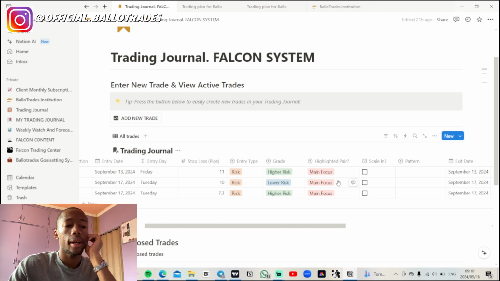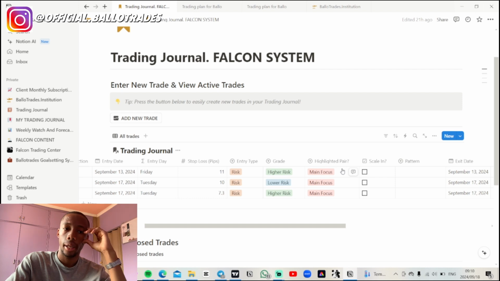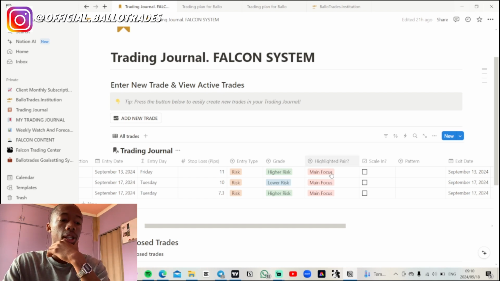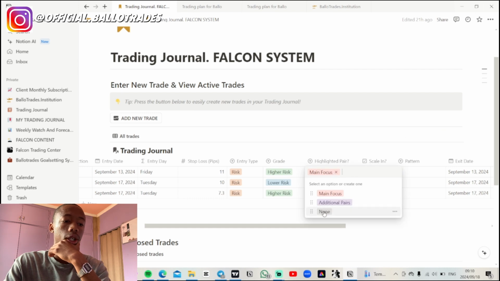The reason I say main focus is because each day I pick my top 5 of the day. This was part of my top pairs to watch for the day, because if I had taken a pair out of my watch list for the day, it would have been marked none, as it wasn't a highlighted pair.